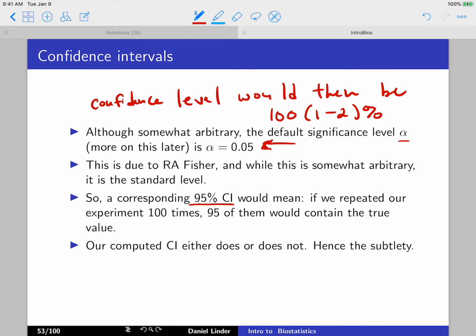So if we were talking about the mean, then 95 of those 100 confidence intervals that we compute from these samples would contain the true population mean. So the confidence interval interpretation is about what would happen if we did repeated sampling, if we repeated our experiment over and over. And again, once the confidence interval is computed, it either does or does not contain the true value.